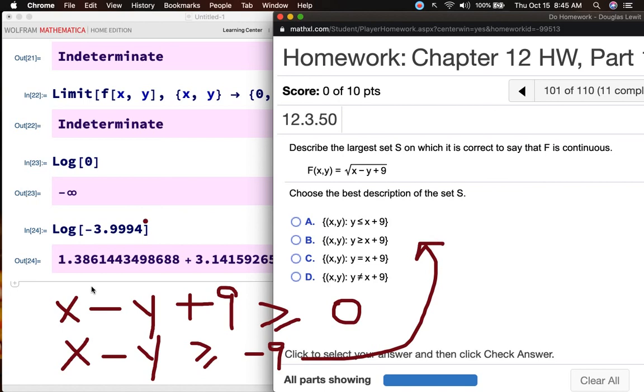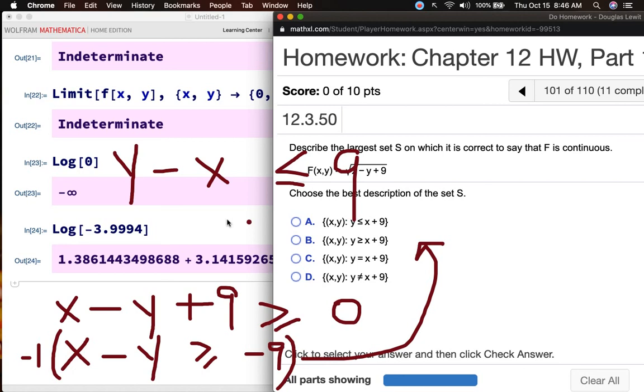So what happens if I multiply this by a negative 1? I'm going to have y minus x less than or equal to 9. And that should be the answer.